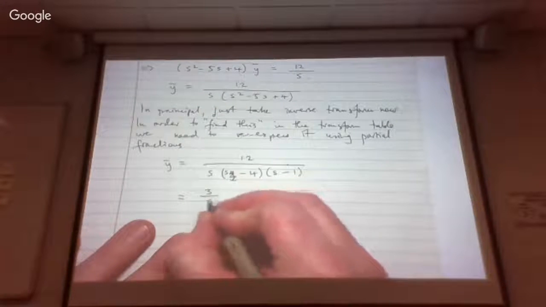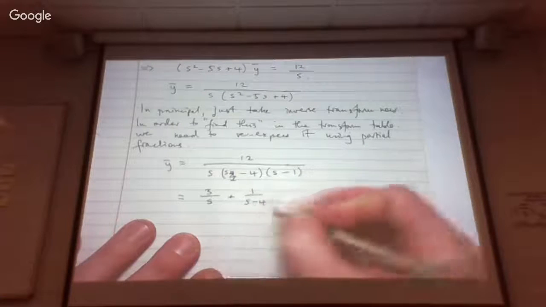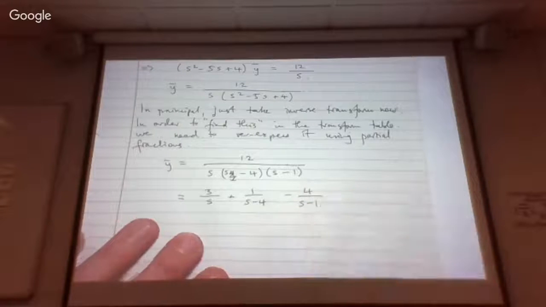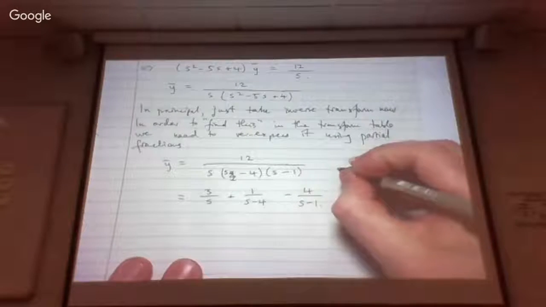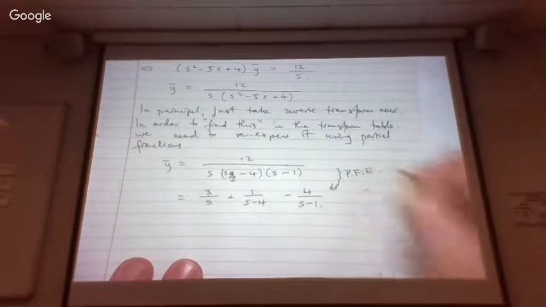This is 3 over s plus 1 over s minus 4 minus 4 over s minus 1. Okay, so there's a bit of work there to do that partial fraction expansion.